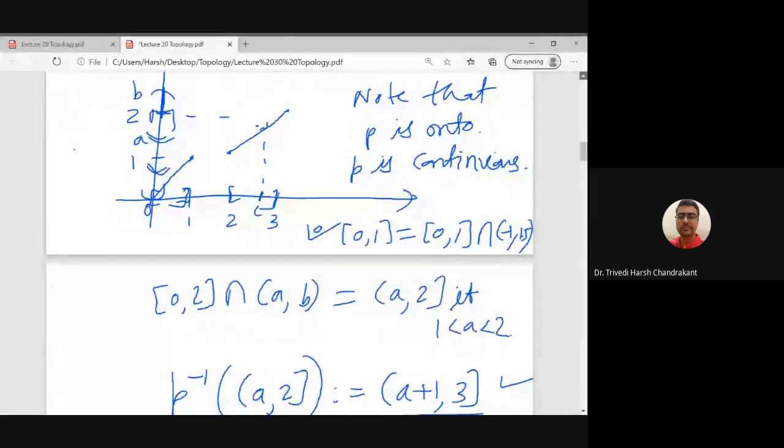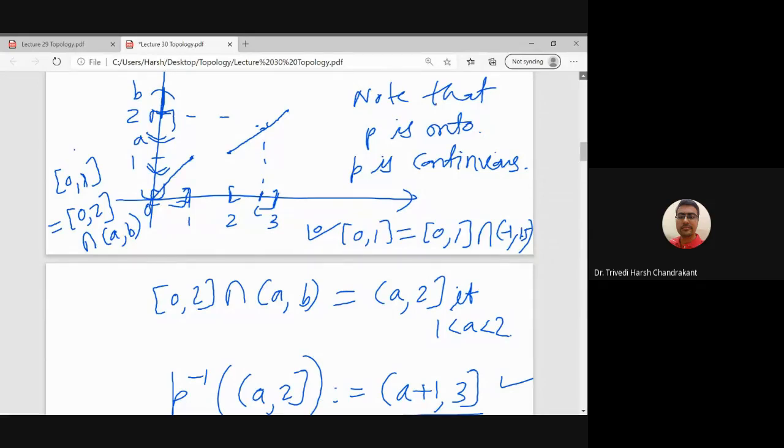So [0, 1] is basically an intersection with [0, 2]. I cannot write it as an open interval (a, b) for any a and b. Why?